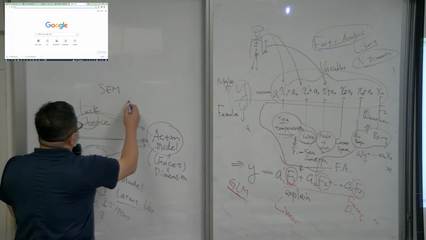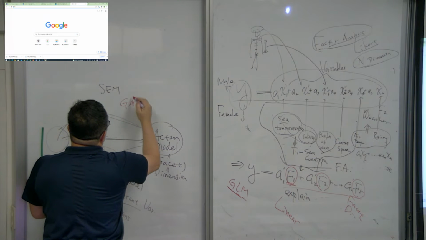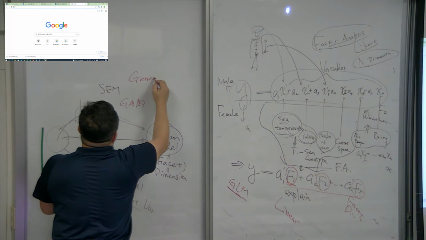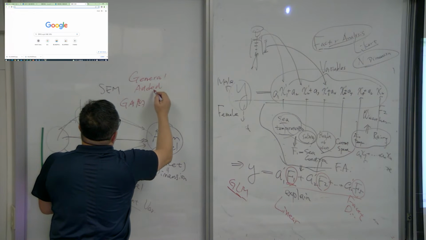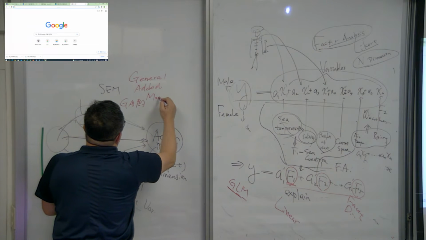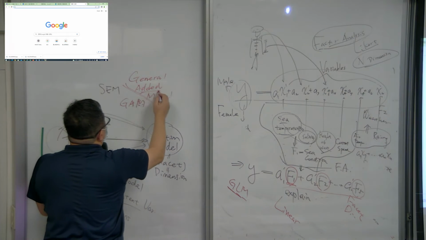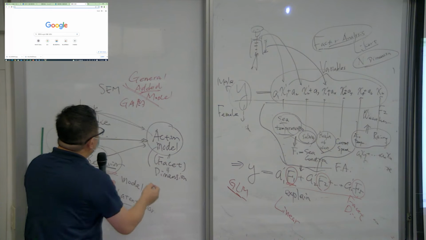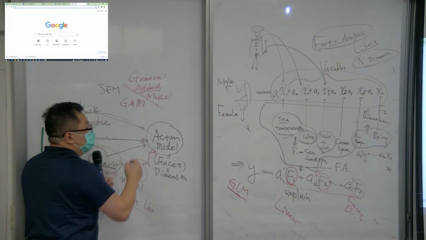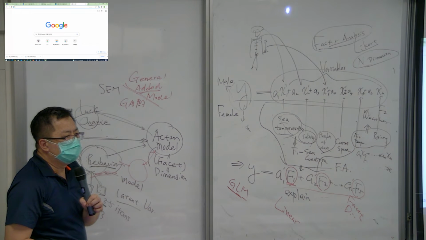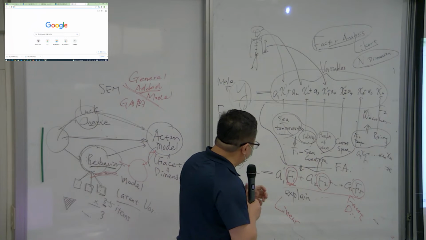This is what we call GAM, general added model. We call it general added because we can add some model at any time. So this is the general added model. Okay. Understand? Yeah. Now we start from here.